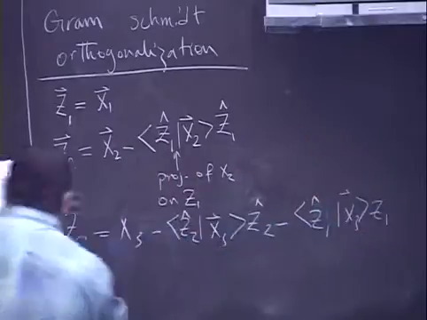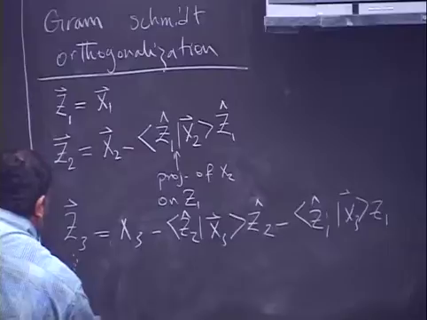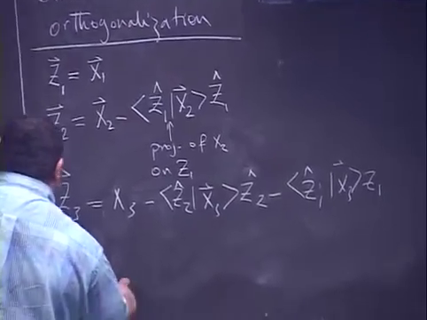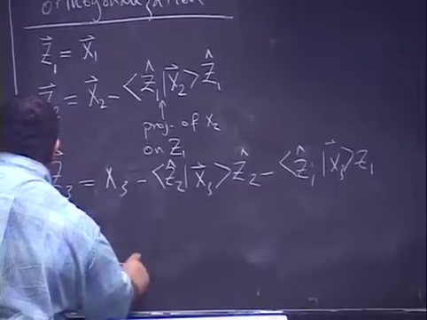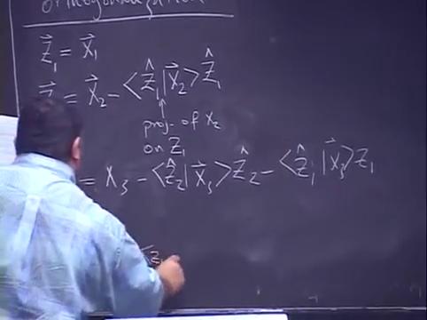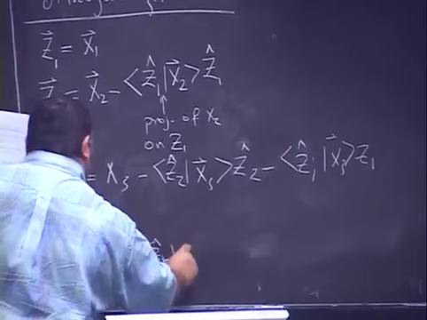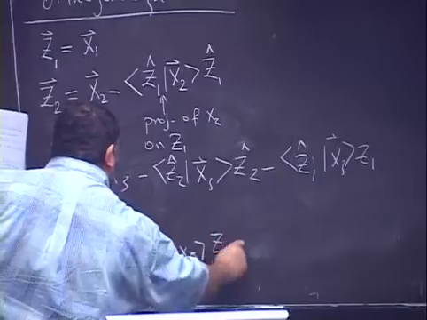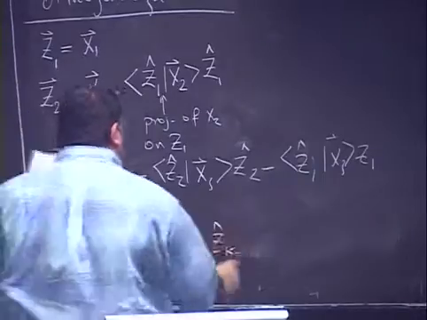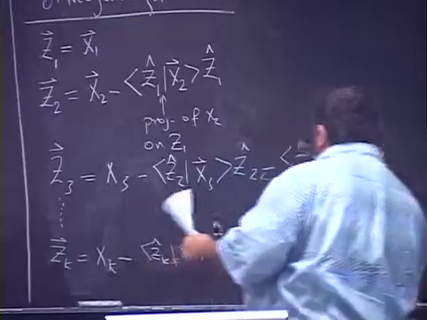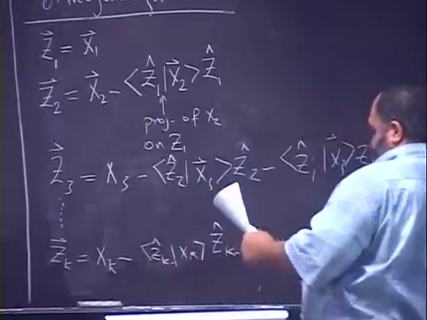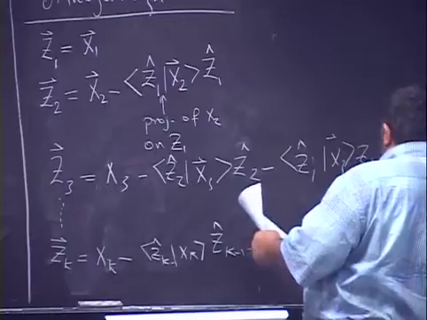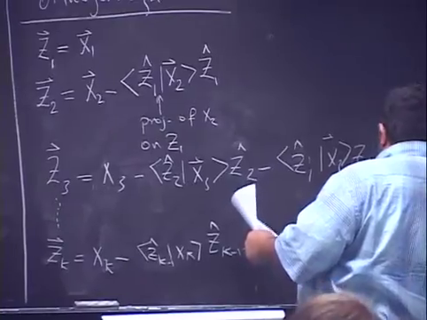And what's zk for those non-orthogonal vectors? This will be xk minus the projection of xk in the direction of zk minus 1, minus and so on until you reach the projection of xk on z1, times z1.